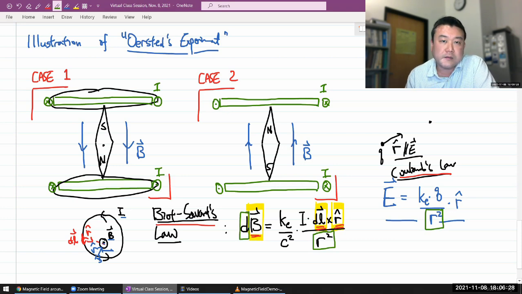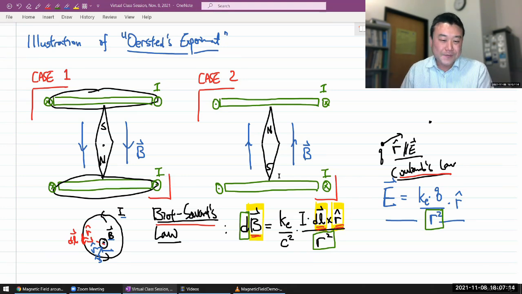Whenever you are calculating magnetic field, it has to come from an extended current distribution. There is no such thing as a point current. So our application of Biot-Savart's law and other derivation of magnetic field will necessarily be more complicated than the electric field of a point charge was.